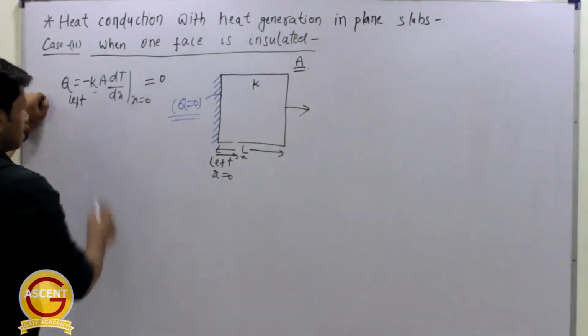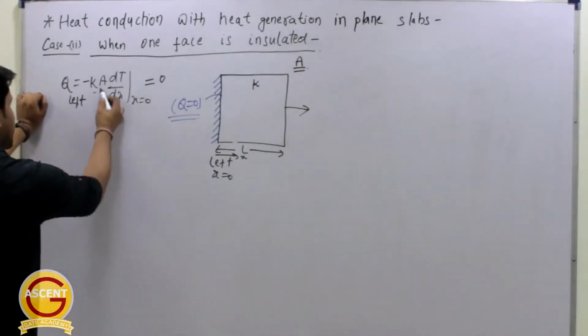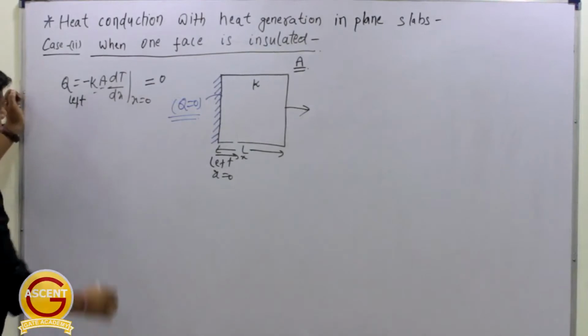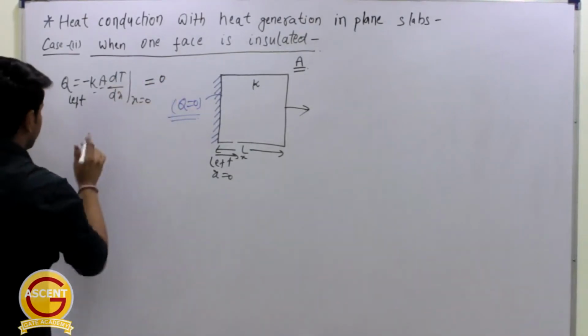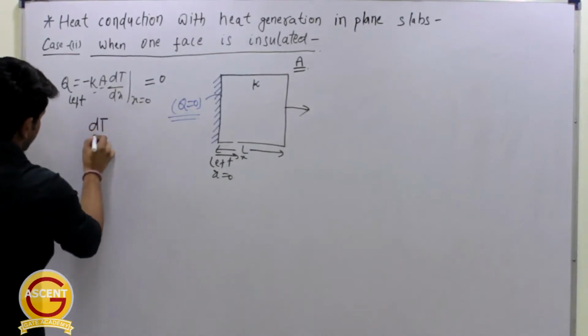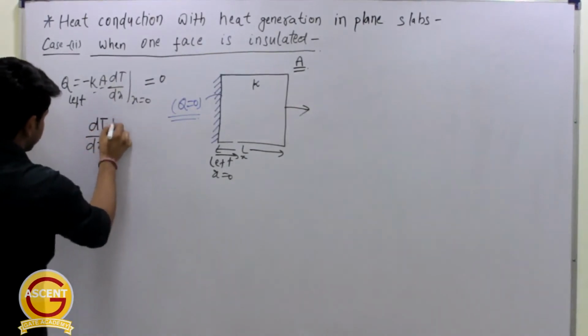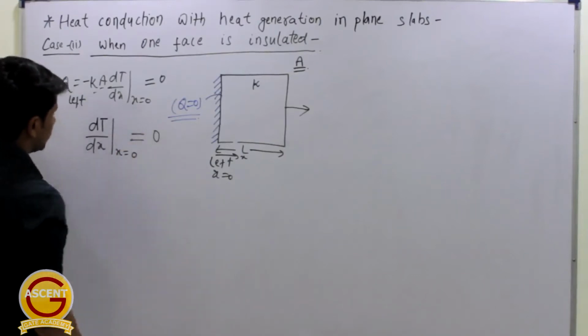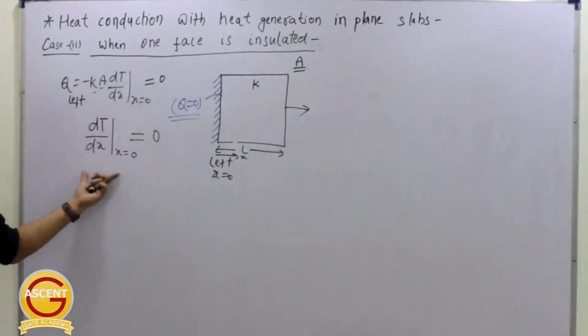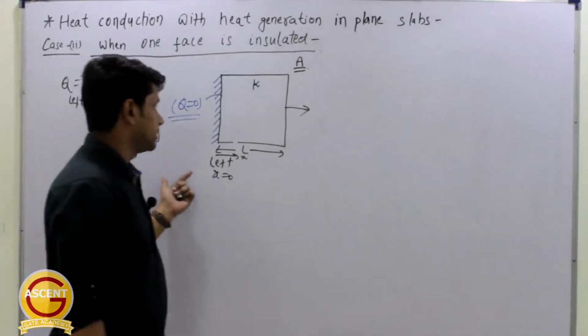See, this K cannot be 0. The area cannot be equal to 0. So this dT by dx at x equal to 0 will be equal to 0. So this will become our first boundary condition.